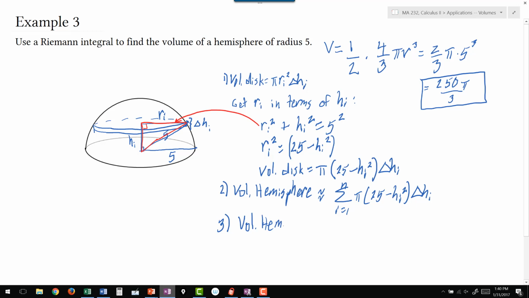Thus, the volume of the hemisphere would be exactly equal to the limit as I take the number of disks and let it go to infinity.